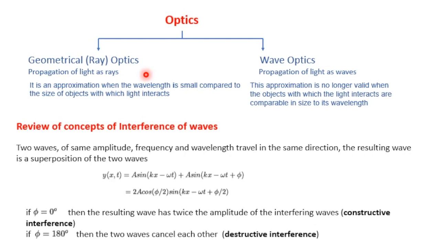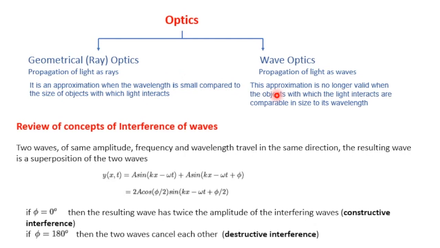This is an approximation, and it is valid when the wavelength of light is very small compared to the size of the objects with which the light interacts. So if you take the example of a mirror or a lens or an aperture, the macroscopic dimensions of these objects are many orders larger than the wavelength of light, which is normally on the order of micrometers. So when you're in this regime, geometrical or ray optics is perfectly valid.